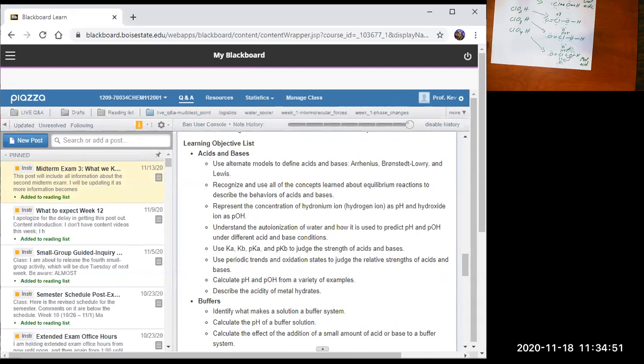And I'll scroll down in a moment for the others. Folks ready for me to scroll down?